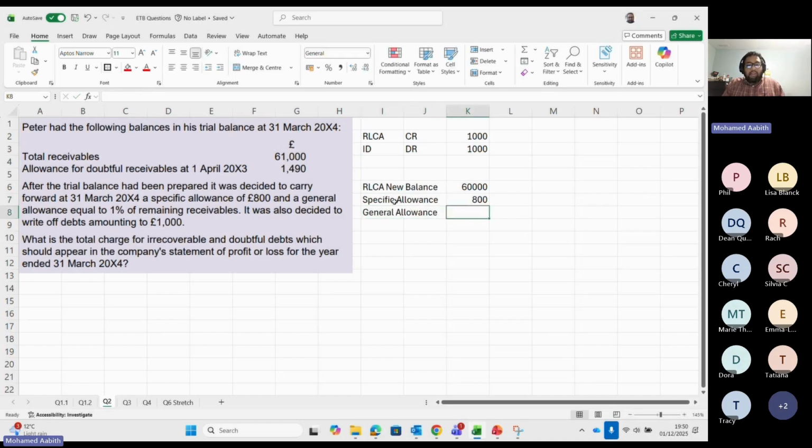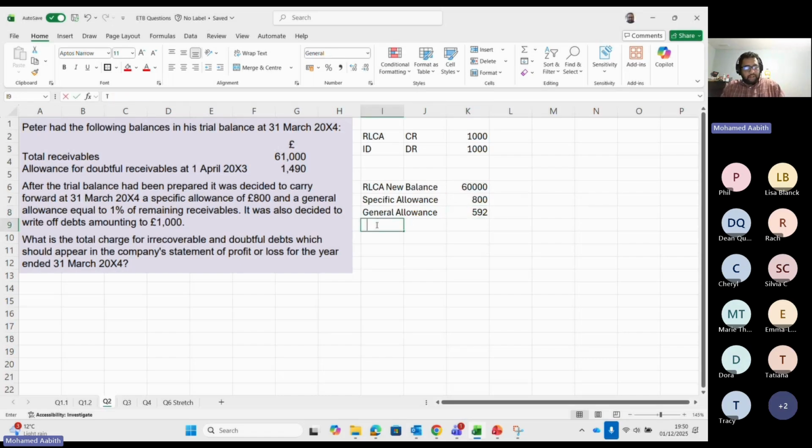The allowance will be 1% of the remaining receivables. So this minus 800, times 1%. Where is my percentage? Here we go. It's going to give me 592 general allowance.